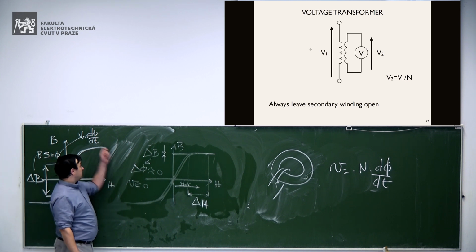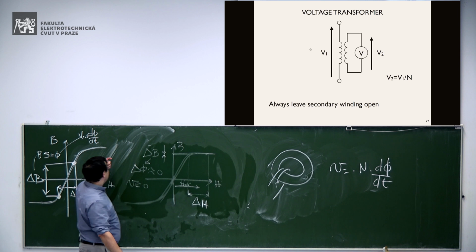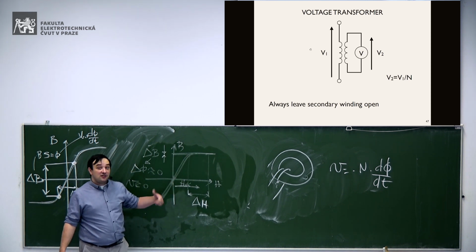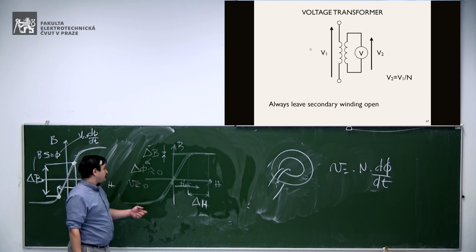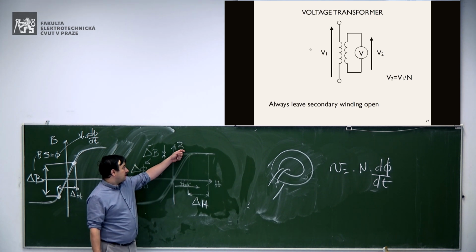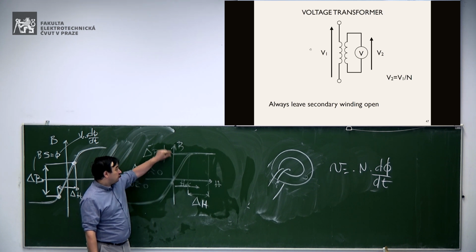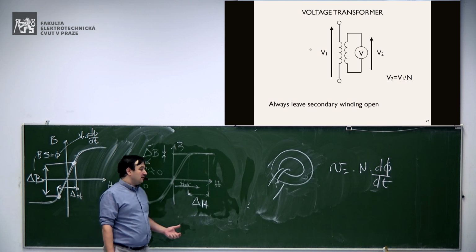Be careful. The output voltage is based on the induction law. It means that the flux might be large, but if it doesn't change in time, it doesn't create any output, right? So, once you are in saturation, the magnetic flux density, and therefore the flux, will be large, but they do not change in time. Therefore, they will not create an output voltage.